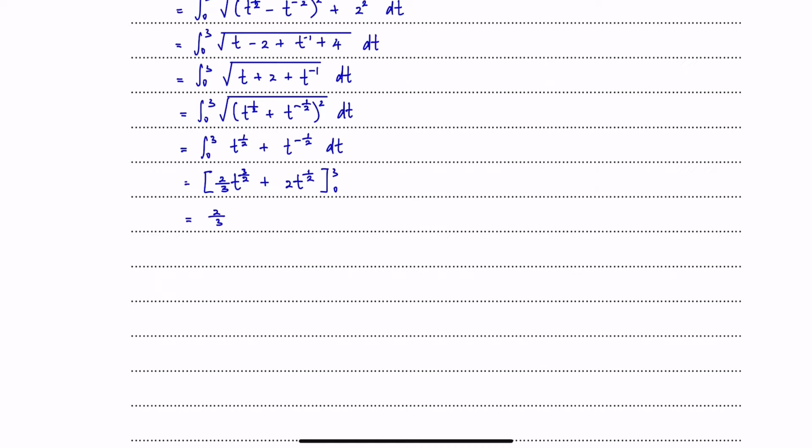And then we sub t equals 3. And t equals 0, you basically just get 0. So this would be 2 root 3 plus 2 root 3. And the final answer would be 4 root 3.